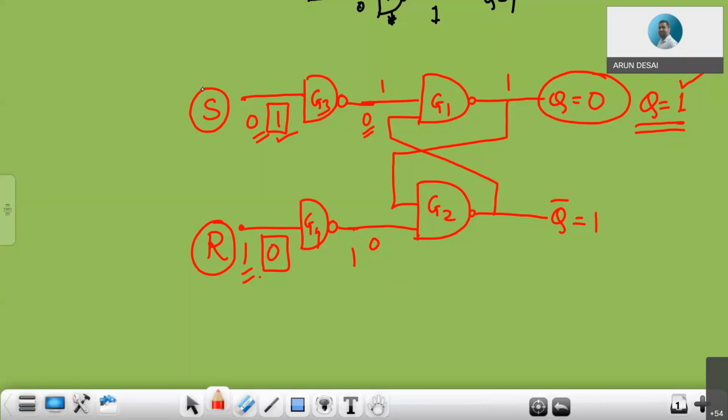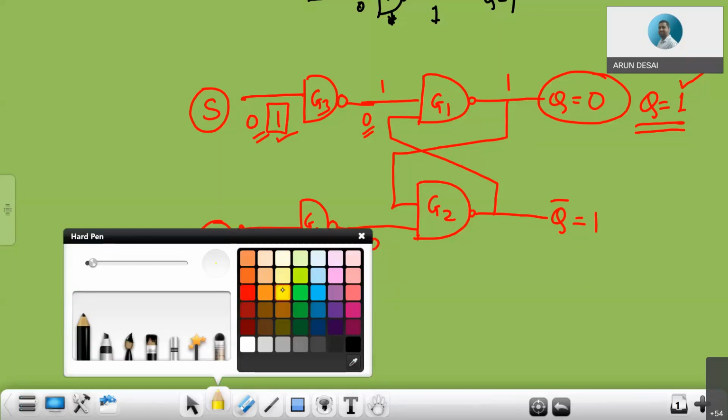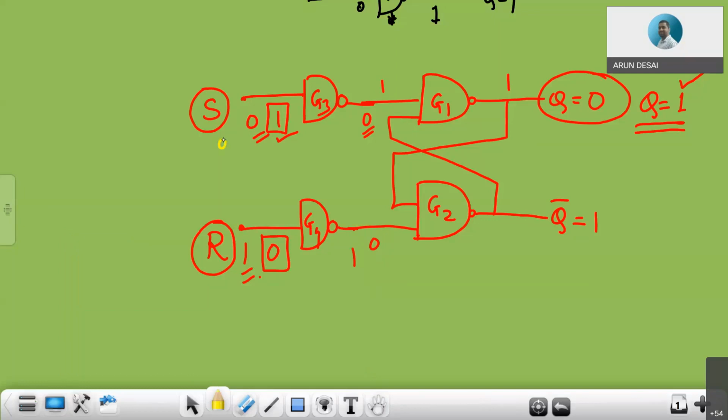So if it is 1 0, then this flip-flop is in set state, and if it is 0 1, then it is reset state. What if both are 0 and 0? If both are 0, that means it becomes 1 and 1 here. That means whatever is the second input, the output depends on the second input.